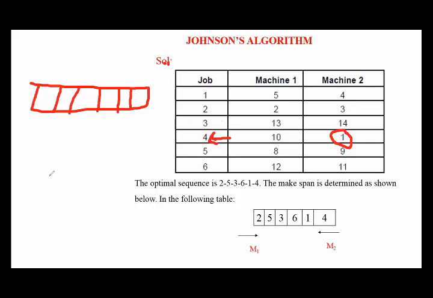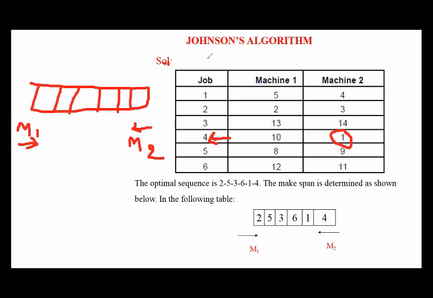Rule one: identify the minimum process time from these two machines. If machine 1 has the minimum time, we write the sequence from the left side, the starting side. If the processing time is a minimum at machine 2, we write the sequence from the machine 2 side, the end side.